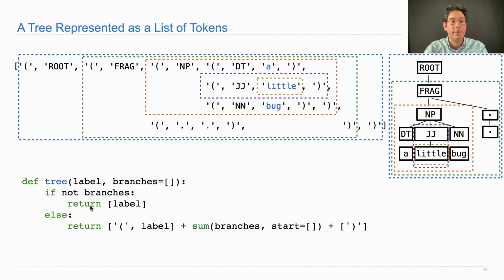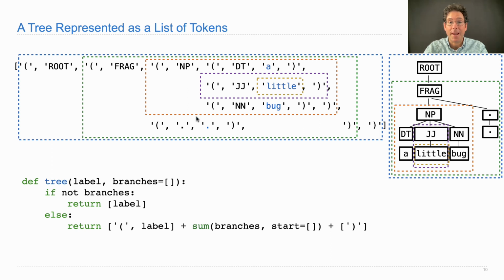But we can change everything in here, and so here's the plan. If we're at a leaf, we just return a list with the single label, like the word little. Otherwise, if there are branches, then we return a list that begins with an opening parenthesis followed by the label, that's the root label of this tree. And then we put all of the elements of the branches into that list and end it with a closing parenthesis.